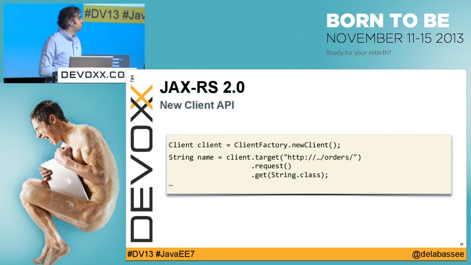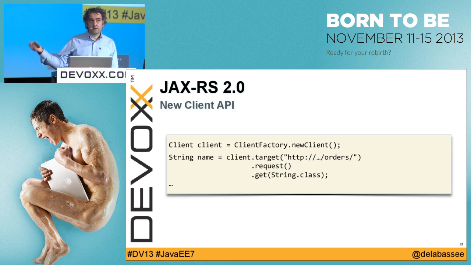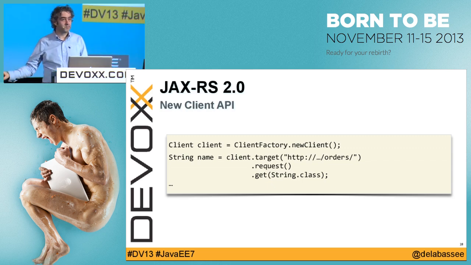So this is the new JAX-RS client API. It's a high-level API that can be used to access any kind of REST resources, JAX-RS resources, but any other REST services. It's obviously not tied to JAX-RS. So what you need to do is just get an instance of the client interface.